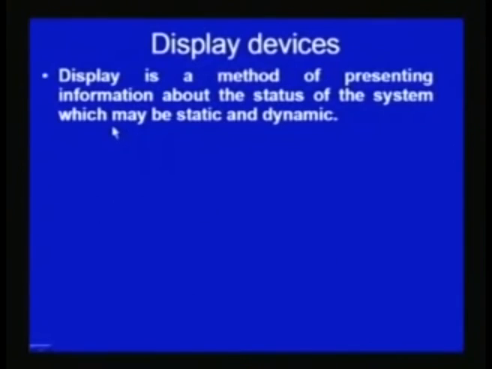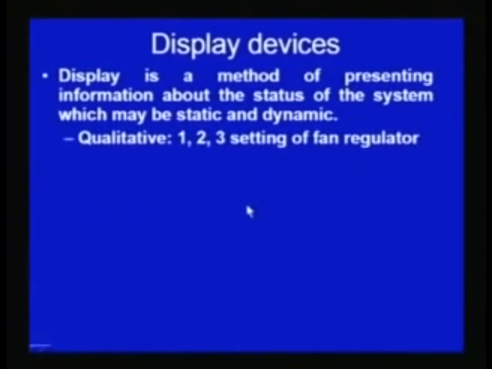The display devices are those devices which are used to show the information about the status of the system. The system may be in a static or dynamic condition. Different types of display devices are used which may give the data in the form of qualitative data, like the display devices typically used in fan regulators, where we find either 1, 2, 3, 4, 5.